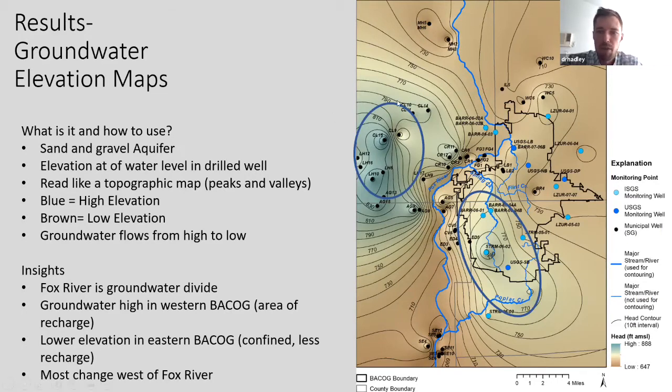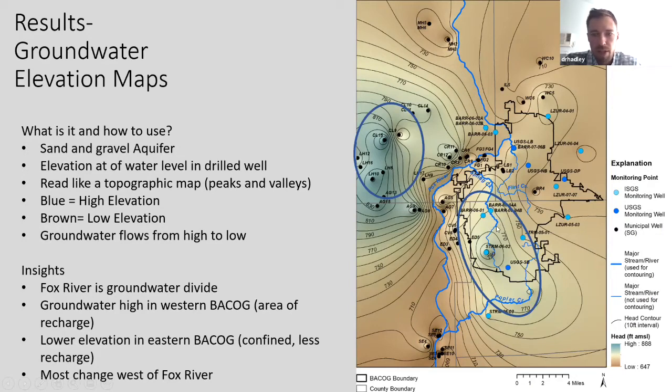And here to the west of the Fox River in Crystal Lake and Lake in the Hills, the sand and gravel aquifer is at land surface. And it's actually mined quite a bit. There's lots of sand and gravel quarries out there. And here in western BACOG, this is an area where the Spring Creek watershed runs right over it.